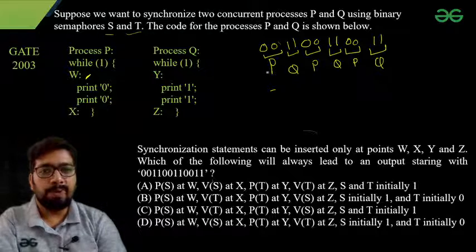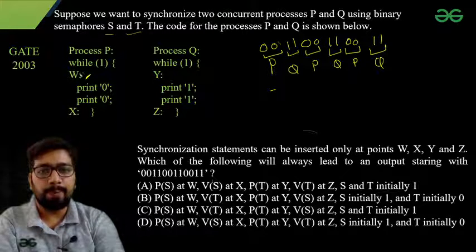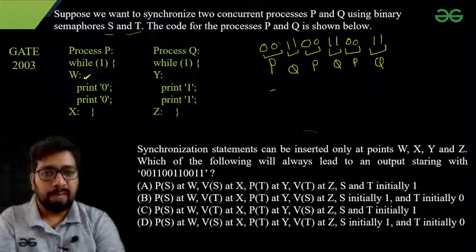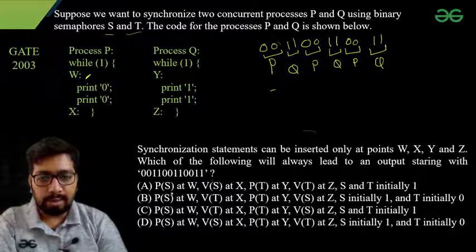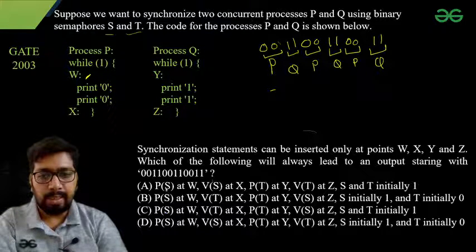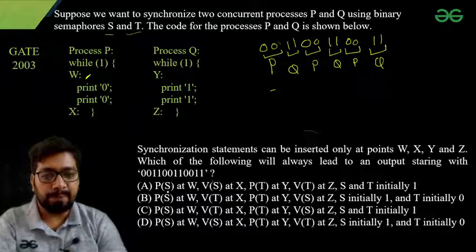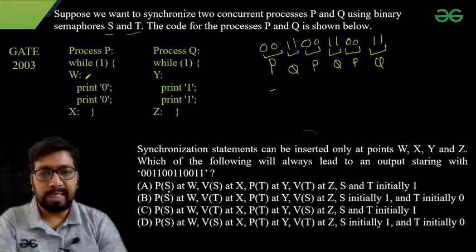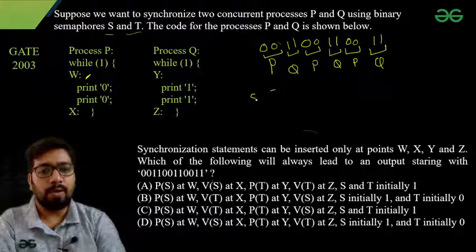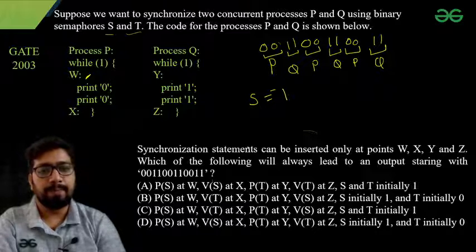So to perform P, first P will perform the wait operation, and in all the options you can see A, B, C, D. P is performing the first statement, S is decremented, as on semaphore S the down operation is implemented. So the value of S must be 1. Fine.